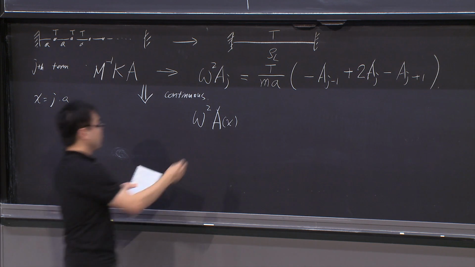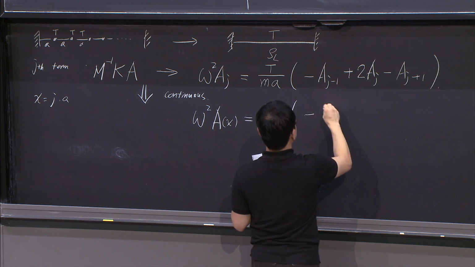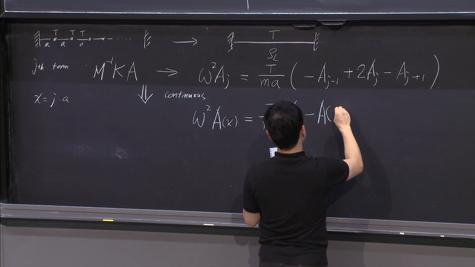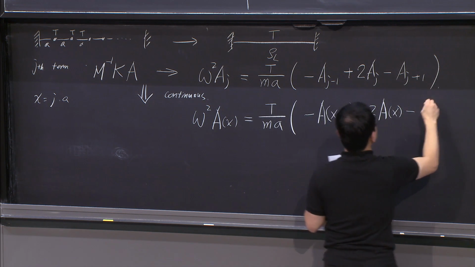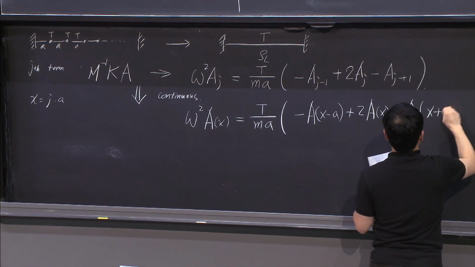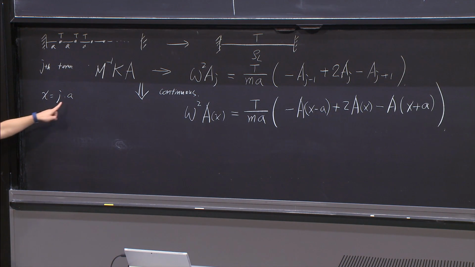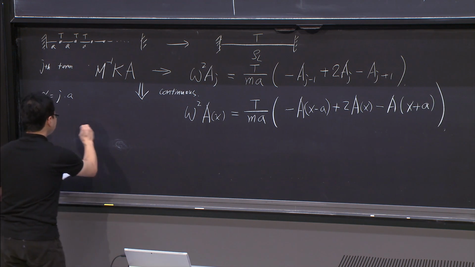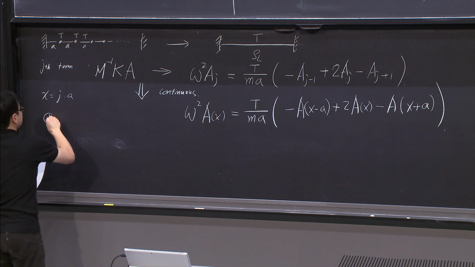And this will be equal to T over m a times minus A evaluated at x minus a, plus 2 A(x), minus A(x plus a). Now, I'm going to make this a very, very small, so that it becomes a very continuous system. So I can now make a go to 0.